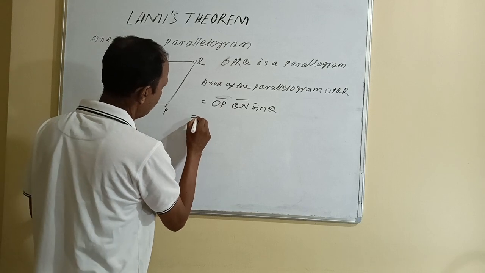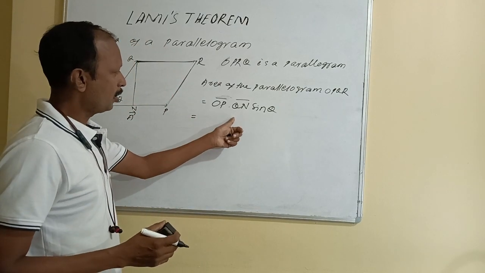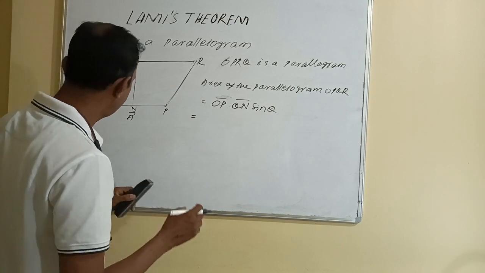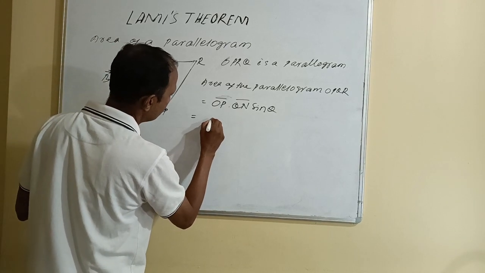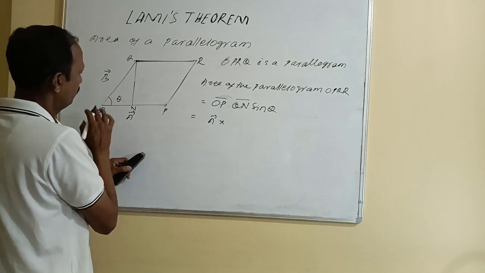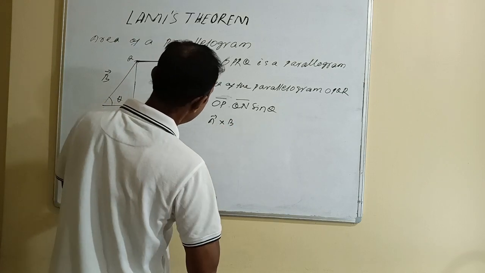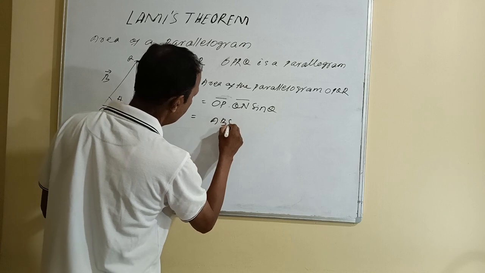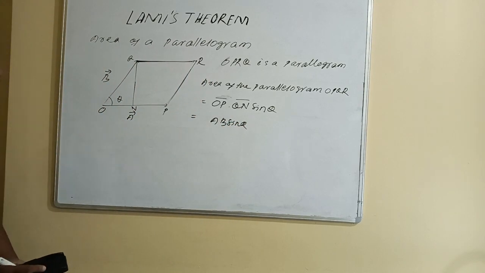So I can write this as OP times QN, or in place of OP, I can write A, so it is A B sine theta.